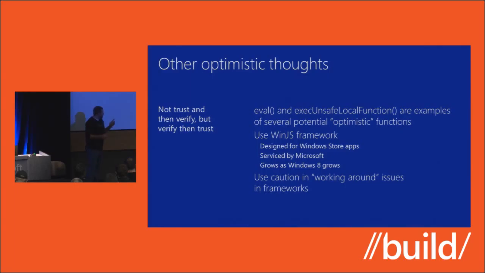The other note I made was this caution around working around issues in frameworks. This is true no matter which framework you choose. Frameworks that weren't specifically designed for Windows Store apps are built with the context that they were built in on the web side. Some of those things aren't true any longer. And with the WinJS framework, what you're going to find is that because you want to remove that net in order to make things work, you're going to get back into that optimistic state.